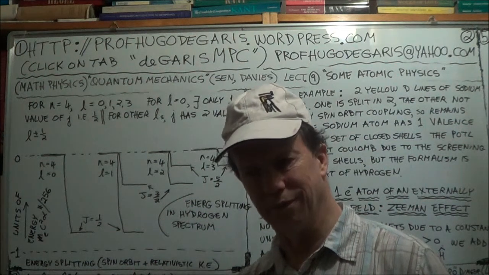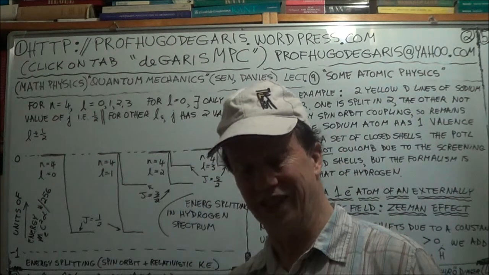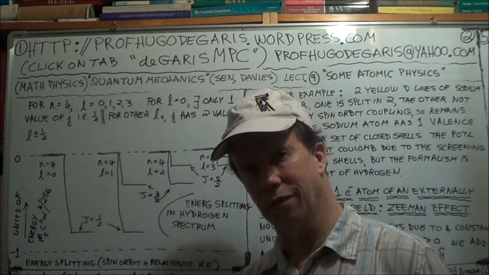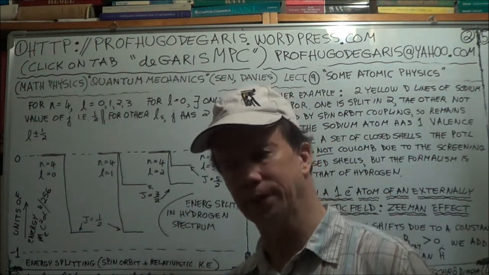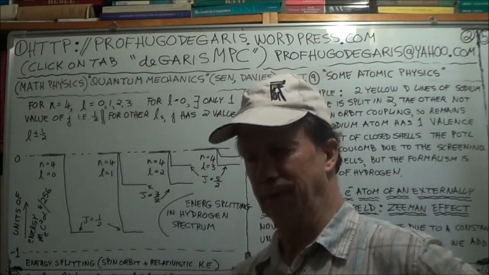We didn't go into details about that second phenomenon because it comes out of Dirac's theory, which is relativistic quantum mechanics, and we don't do that at undergrad level. That's M1 and M2, first and second year master's level.